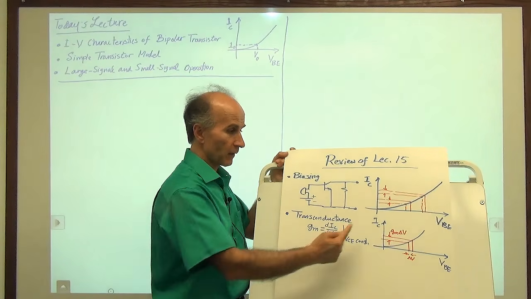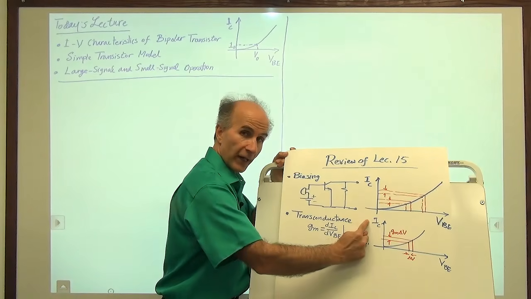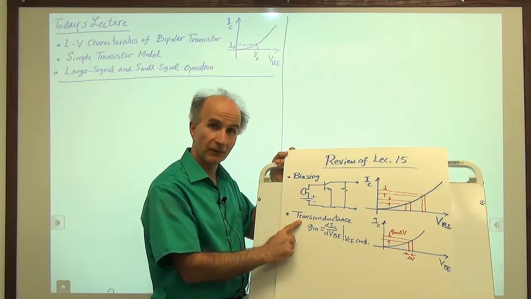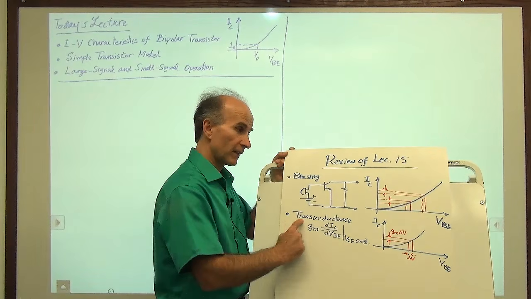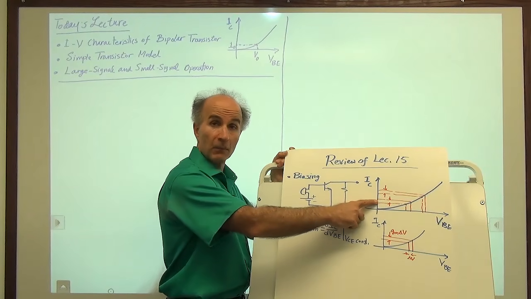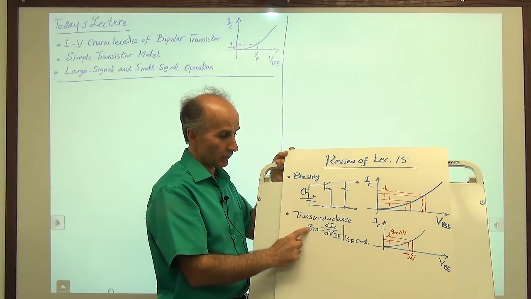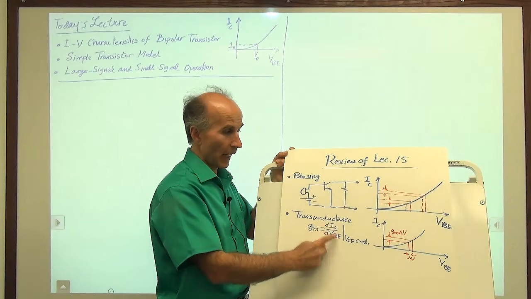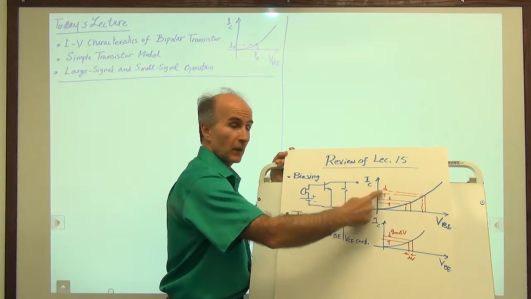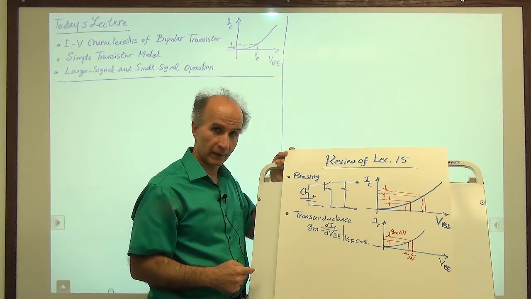We defined the slope of this characteristic, IC versus VBE, to be the transconductance of the device. If the device is biased here, and it has a certain current, let's say 1 milliamp, then it has a certain transconductance. If it's biased here, it has a higher amount of current, so it has a higher transconductance.